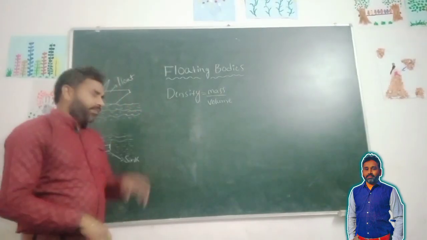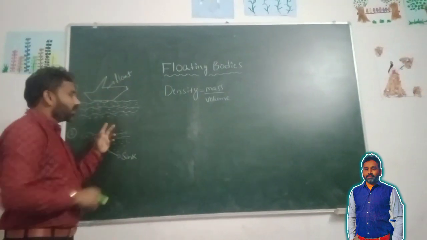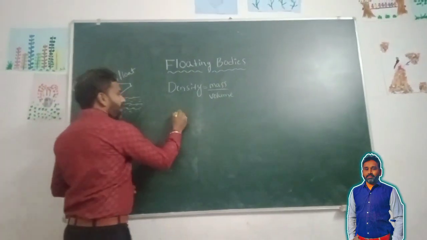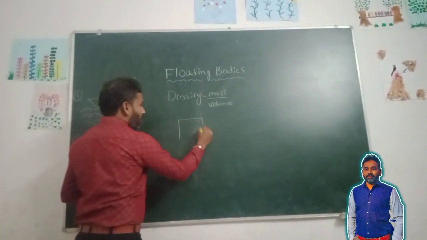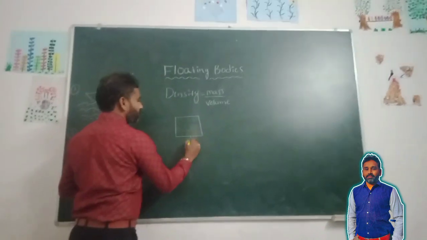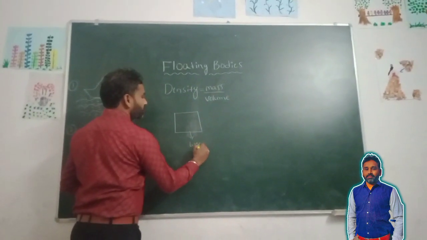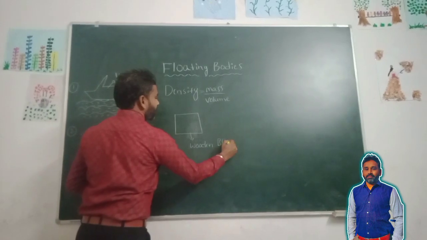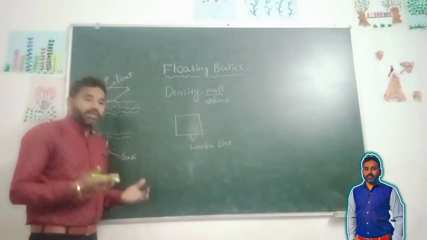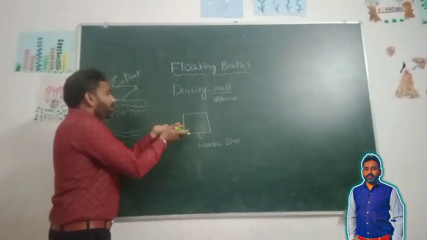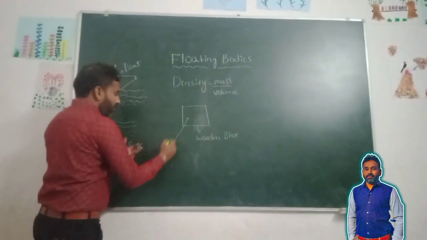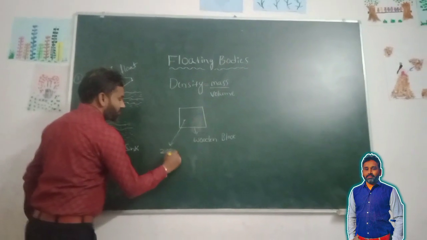Okay, so why do objects float and why do objects sink? For example, here I am taking one wooden block. Using a measuring machine, we get the mass of the wooden block as 20 grams.